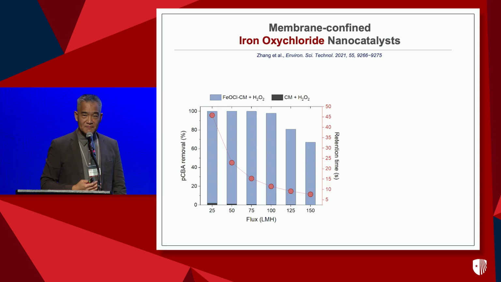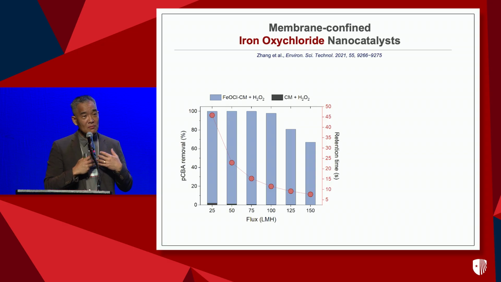The x-axis is flux. Flux means how much water is passing through the membrane. Higher flux means that water is passing through the membrane really fast, so it is spending a short amount of time inside the membrane. If flux is low, water is flowing slowly, which means water is spending more time inside the membrane.